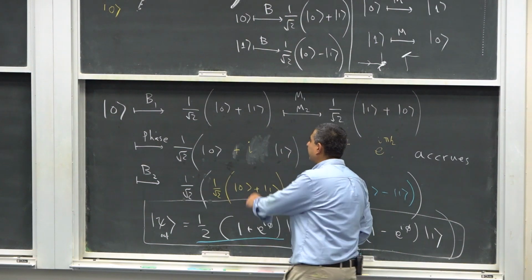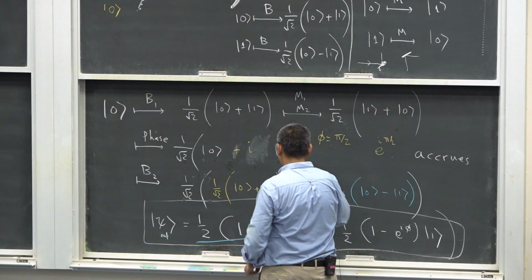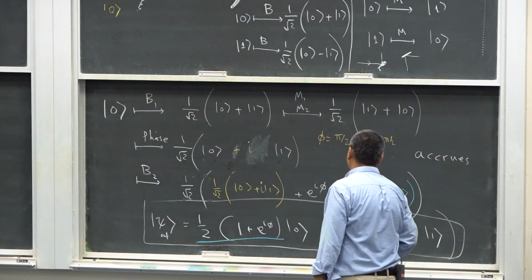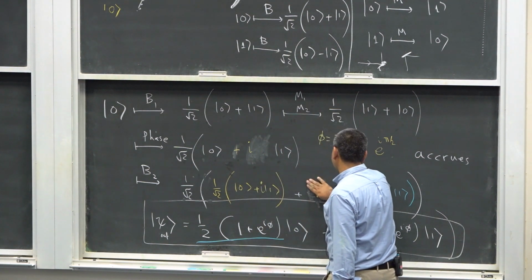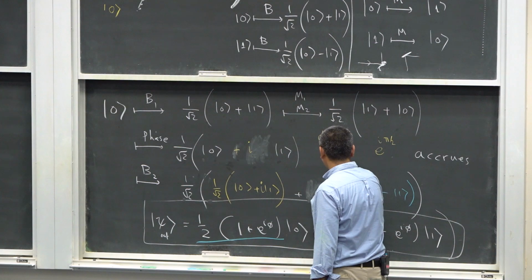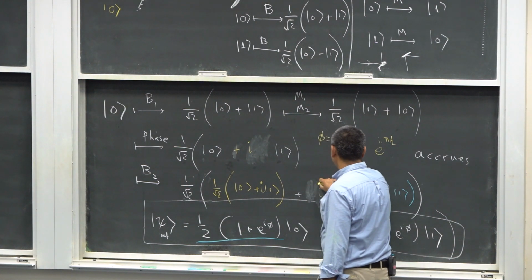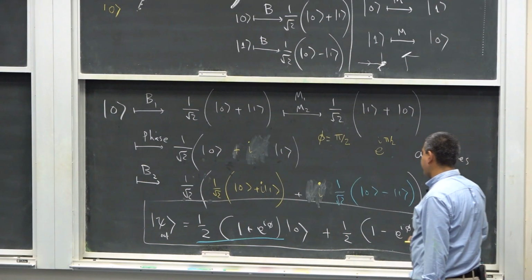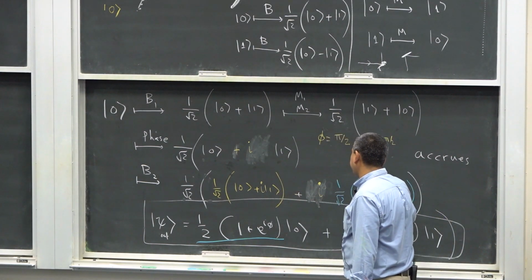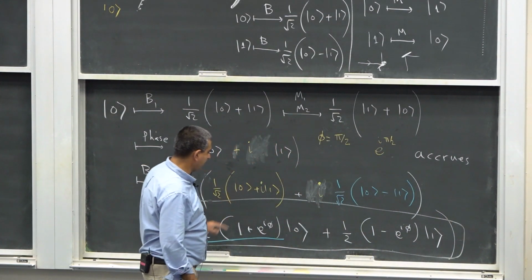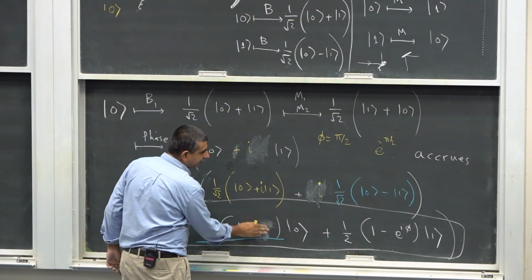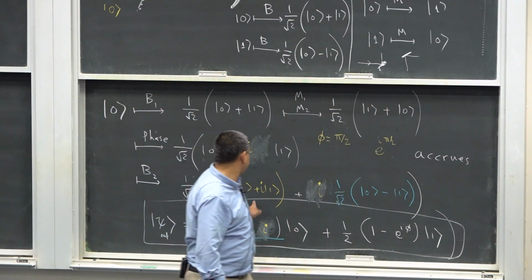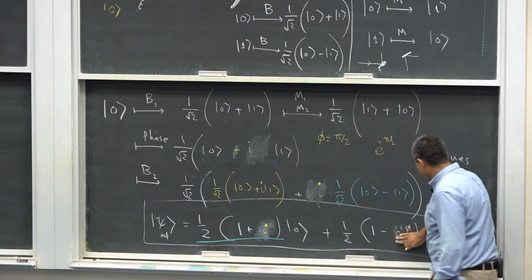All right. So when this happens, here I would get iota, here I would get 0, 1 plus iota, and here I would get 1 minus iota.